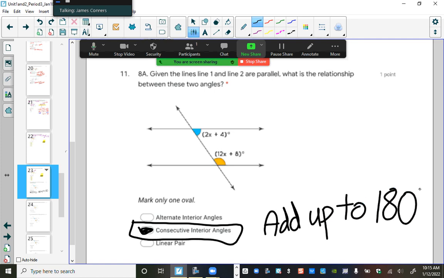That's automatic. These two angles right here add up to 180. 2x plus 4, 12x plus 8, equals 180. Okay, because we're going to talk about that in a minute. So I just want everybody to know this. Going to the next problem, that's exactly what we're going to do.